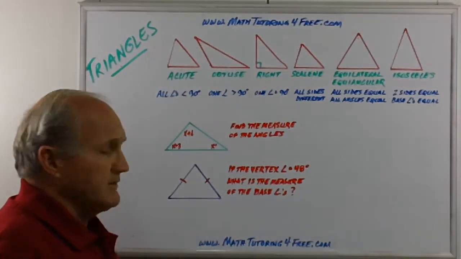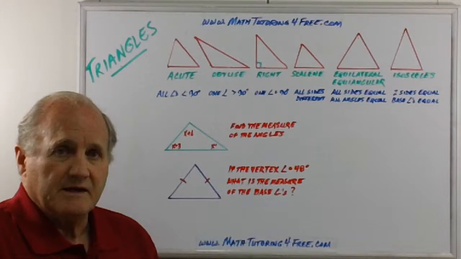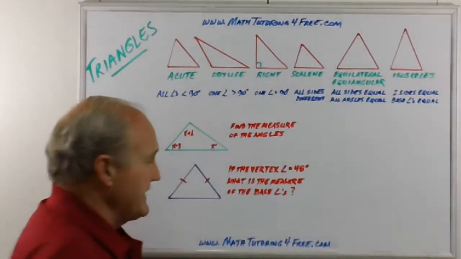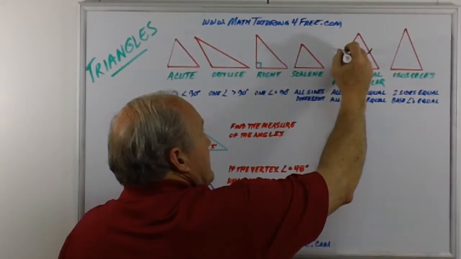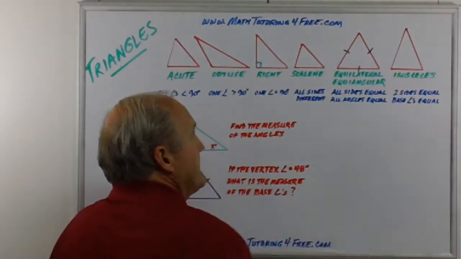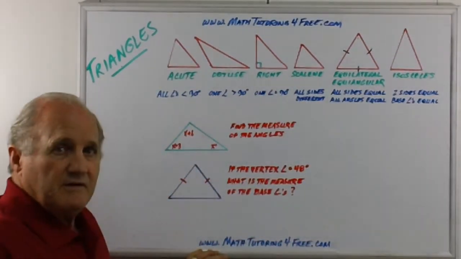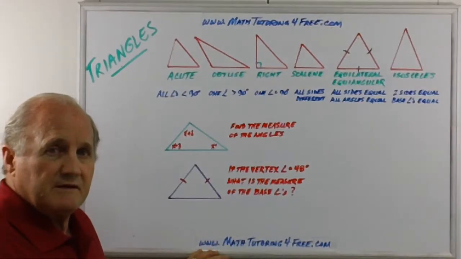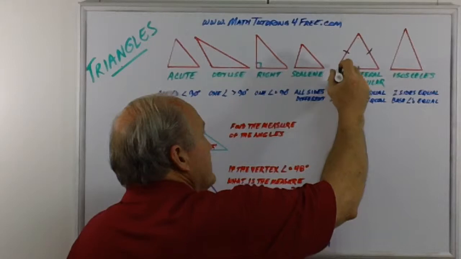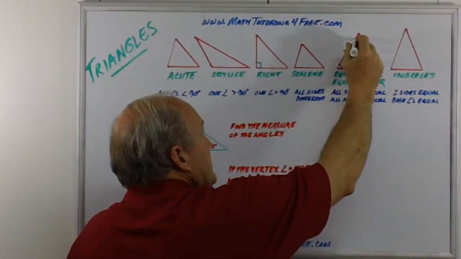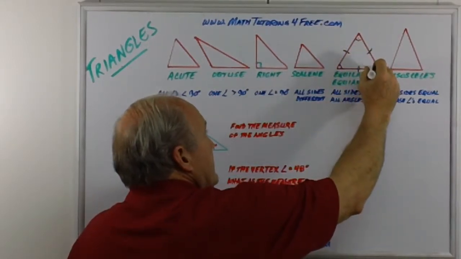An equilateral triangle is just that. All three sides are the same, and sometimes we also call that an equiangular triangle, because with all three sides being the same, that forces all three angles to also be the same.